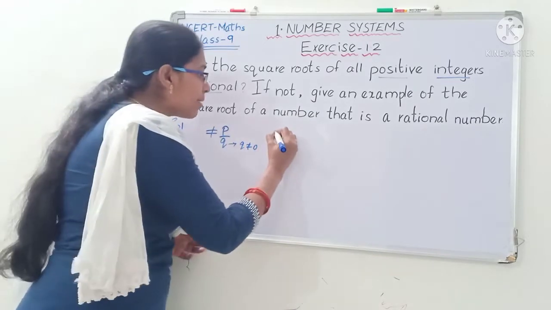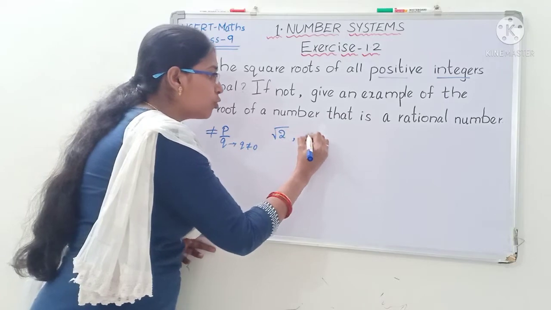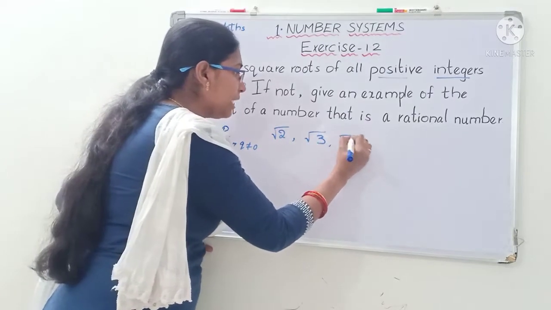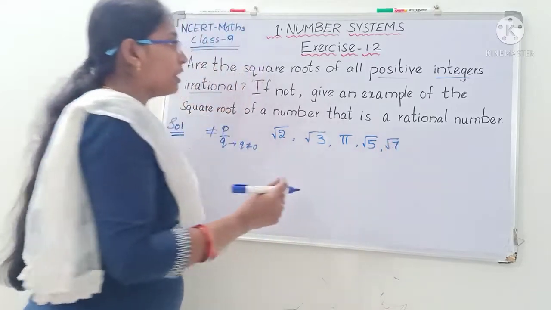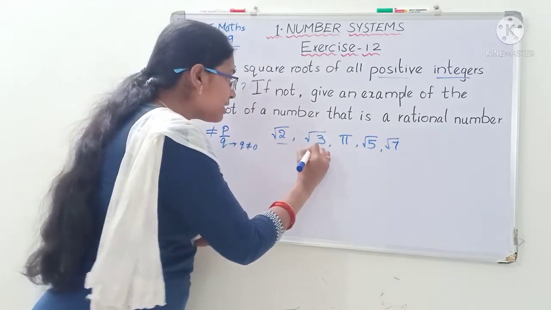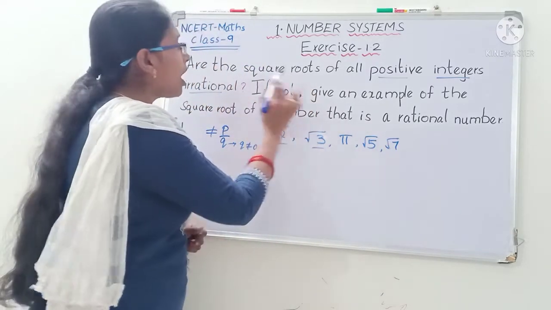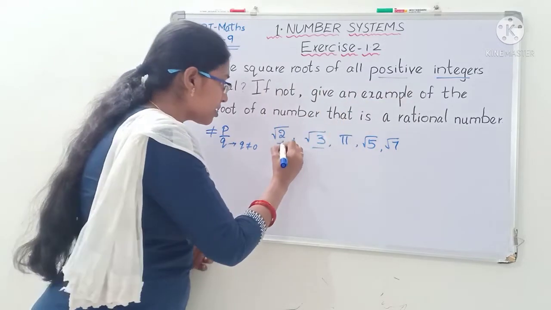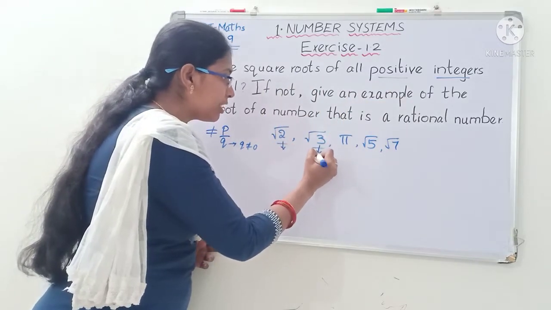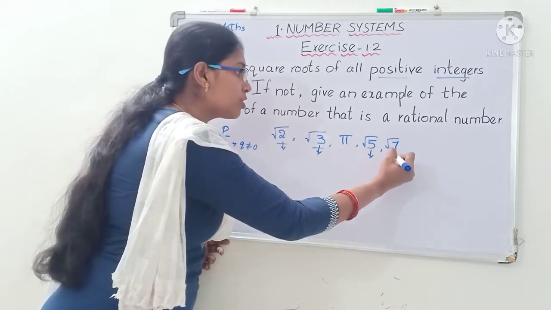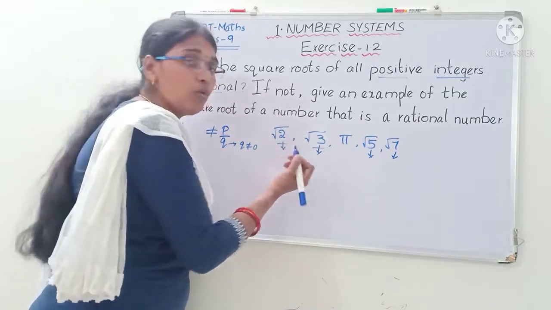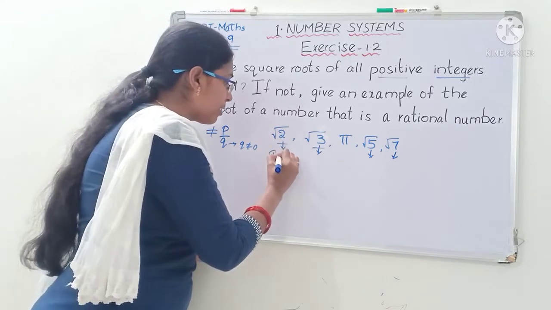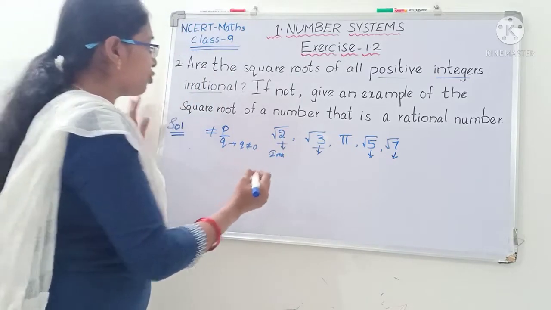You all know some examples of irrational numbers. Root 2, root 3, pi, root 5, root 7. Consider these examples and see the statement, children. Are the square roots of positive integers irrational? 2 is a positive integer, 3 is a positive integer, 5 is a positive integer, 7 is a positive integer. Root 2 is an irrational number, so this statement is becoming true here.